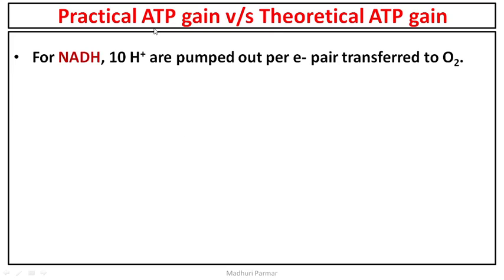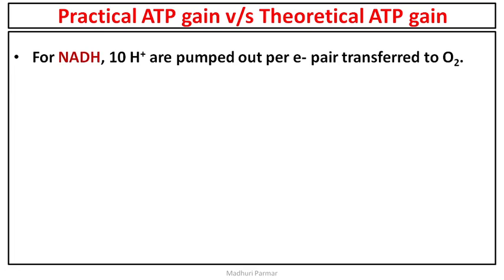Practical gain is what we will calculate right now, and theoretical gain is what you have to remember for your exams. This is just for your knowledge, and theoretical gain is for your practical use. So for NADH, 10 protons are pumped out per pair of electrons transferred to oxygen.